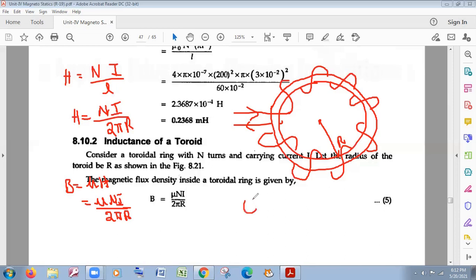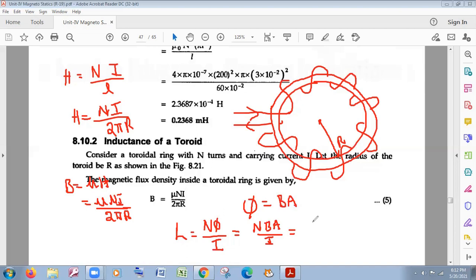A is the area of cross section. The magnetic flux phi is equal to B into A. And L is equal to the total flux N phi by I, that is N into B into A by I. So what is B here? Mu N I by 2 pi R, we got.